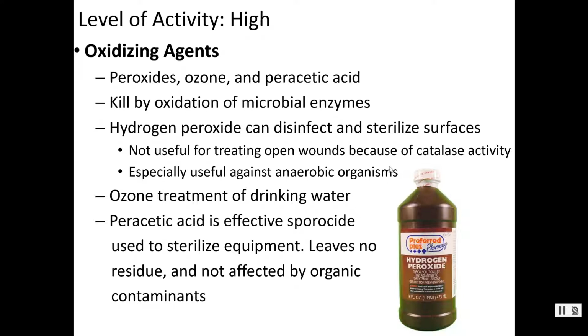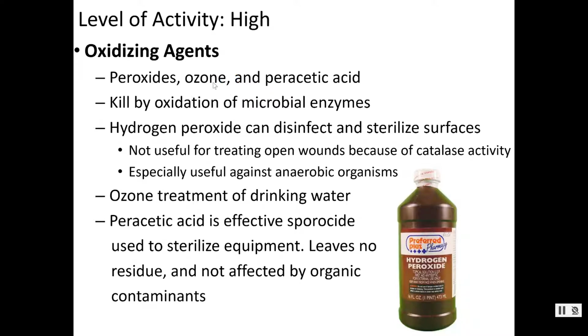Now, they say it's safe to use as an antiseptic, and that's for the most part true. They don't really recommend it anymore because the high levels needed to get rid of most of the bacteria can damage our cells as well, but it can be a very good way to get rid of endospore-forming bacteria. Okay, so hydrogen peroxide is one thing sold over the counter. Peracetic acid and ozone are also oxidizing agents in this category.